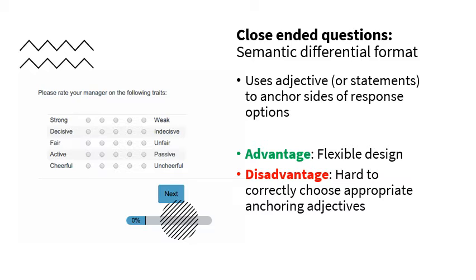For example, the differences between strong and weak. There could be other adjectives that might work better than weak or might work in terms of strong instead. So it needs to be agreed upon among everyone what the correct adjectives are within your semantic differential format of wording questions.